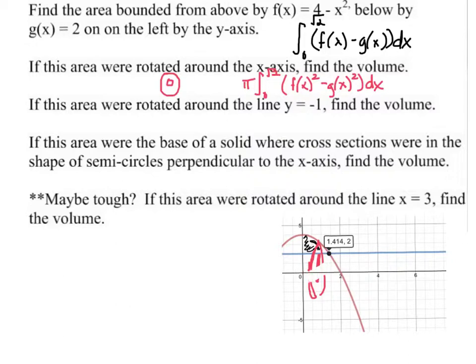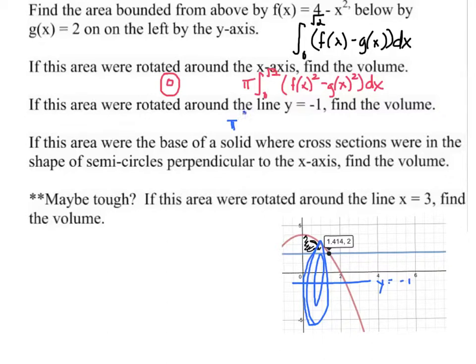Okay. Next, we're rotating around the line y equals -1. So y equals -1 is right here. So the only difference between this and the one above it is that I made the radius 1 unit bigger. Okay, so it's going to look very similar.